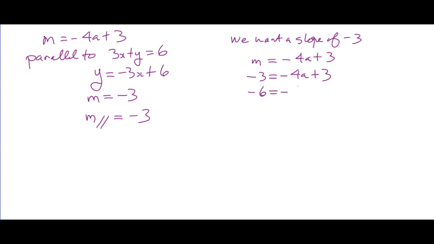So negative 6 is negative 4a, so a is 6/4, or 3/2. What were we finding there? The value of a so that the tangent to negative 2x squared plus 3x minus 5 at that point will be parallel to that line 3x plus y equals 6. I could graph that, but it's way too much work. But you can plug it in.